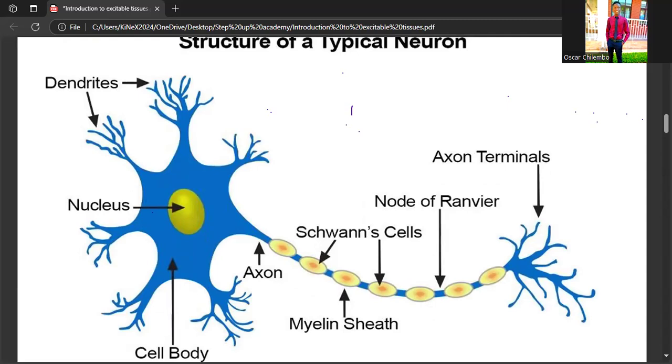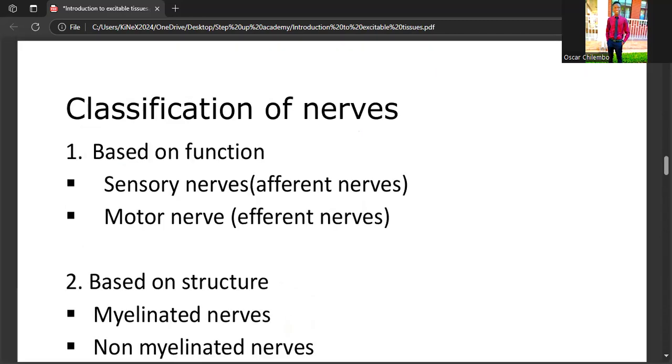The myelinated ones have myelin sheath on their Schwann cells. Okay. So these Schwann cells have myelin sheath. But the other one, the non-myelinated one, doesn't have myelin in its Schwann cells. So that's what differentiates a myelinated nerve from a non-myelinated nerve.